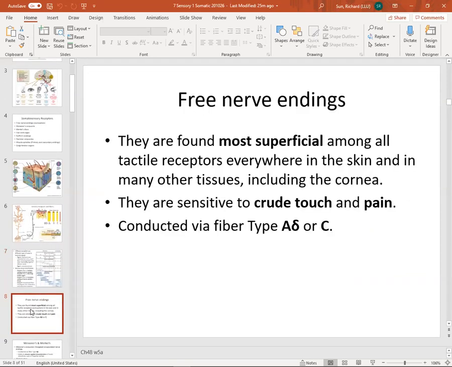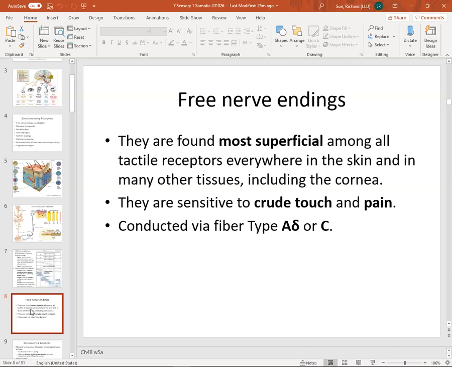Now let's start by looking at each of these receptors. So, free nerve endings. Free nerve endings serve as touch. You can have that crude touch through the free nerve ending. Free nerve endings usually are not very precise in terms of the location.